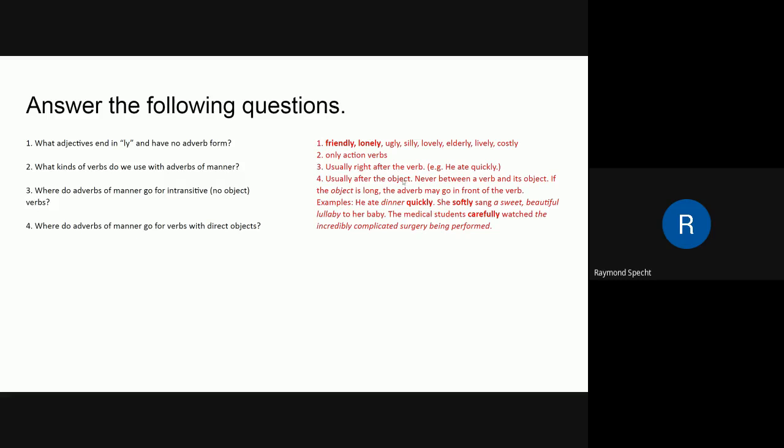Usually after the object, never between a verb and its object. If the object is long, the adverb may go in front of the verb. All right, some examples. He ate dinner quickly. She softly sang a sweet, beautiful lullaby to her baby.